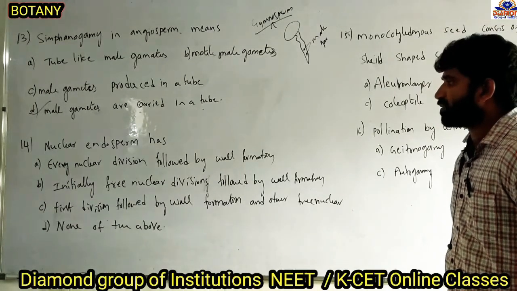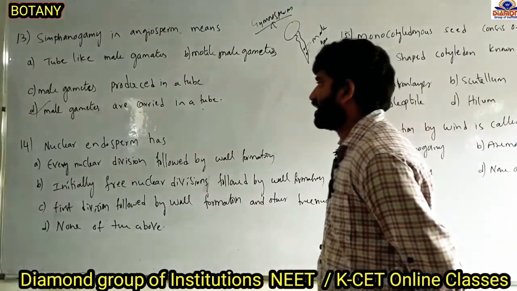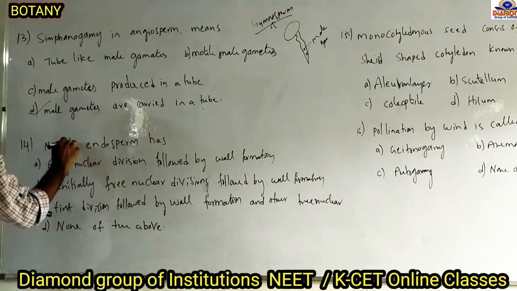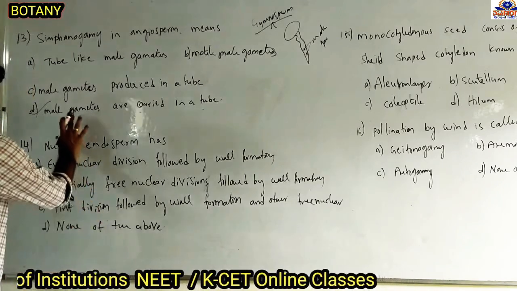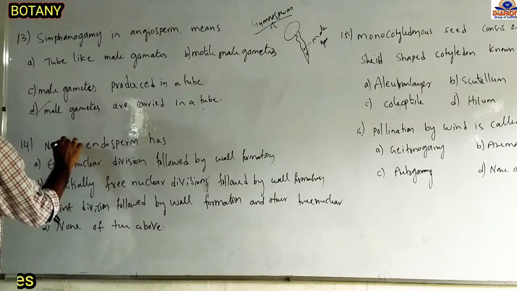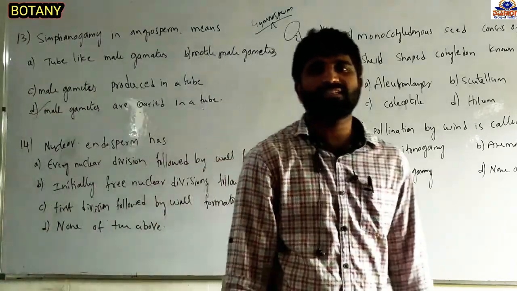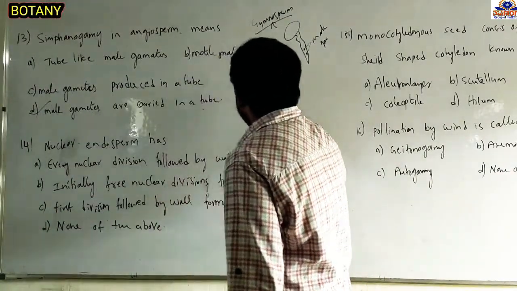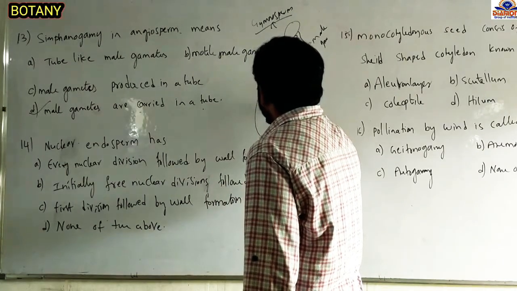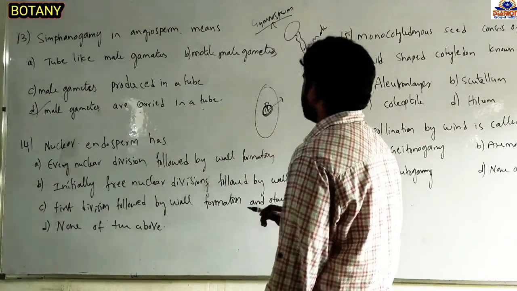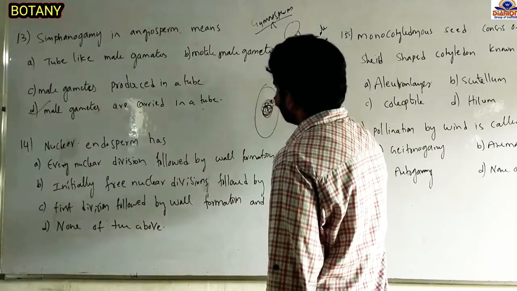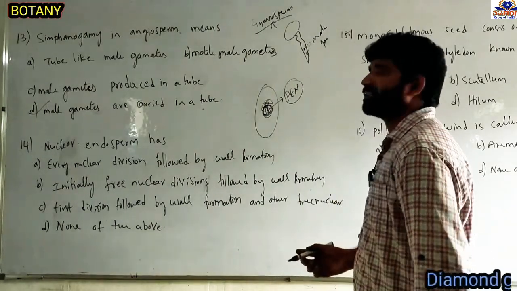Nuclear endosperm. Nuclear endosperm has, after fertilization in angiospermic plants, the endosperm formed from the product of triple fusion. The primary endosperm nucleus can undergo many cleavage divisions and form the endosperm.